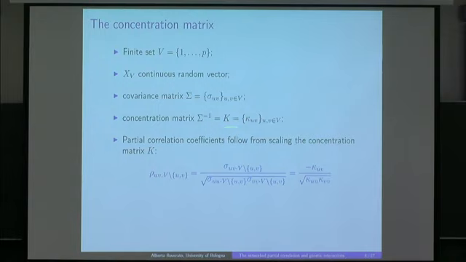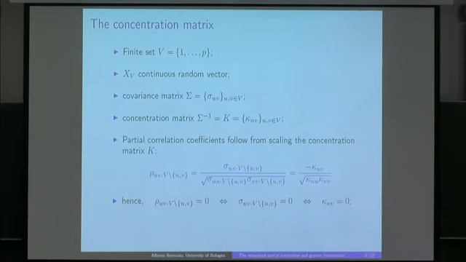And the partial correlation between the expression of two genes, u and v, given all the remaining genes, is obtained by normalizing the partial covariance, or it can be obtained by scaling the off-diagonal element of the concentration matrix in this way: minus K_uv over the square root of the product of the diagonal entries of the matrix.